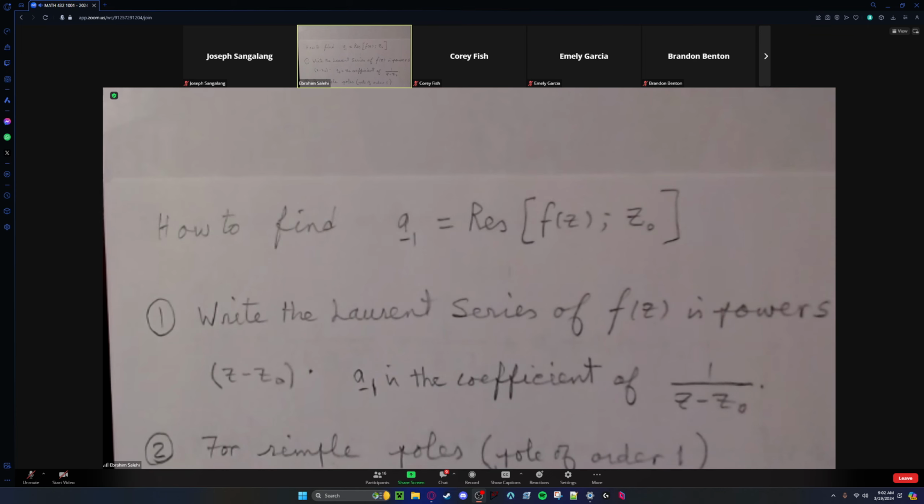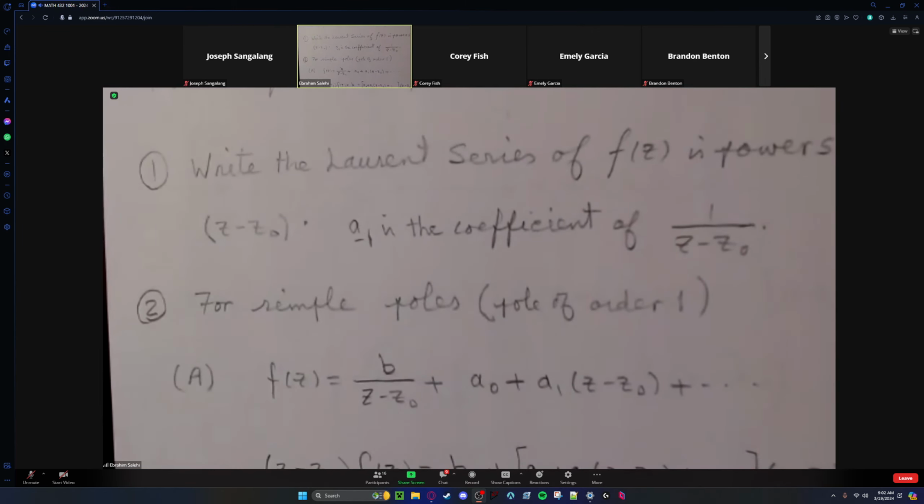But there are some special cases. Those special cases are what I call a simple pole. When the function looks like this, and I need this B, it's a simple pole. The order of the pole is 1.